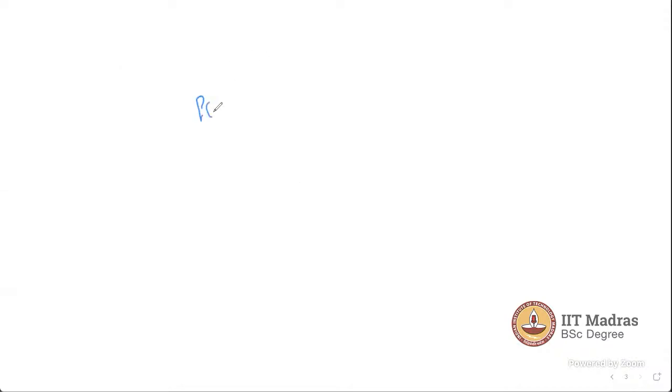So we have f of x comma y as 2xy plus 2x minus x square minus 2y square.